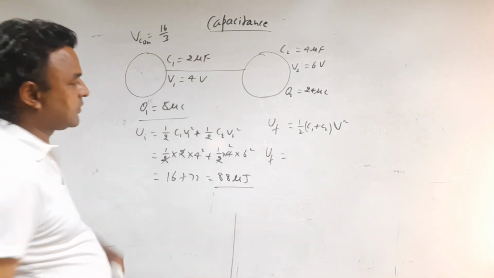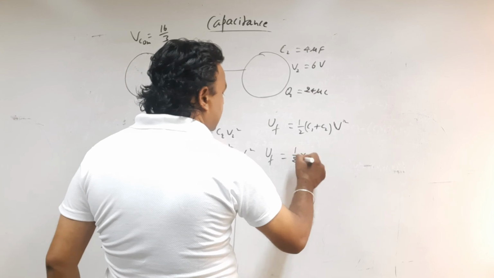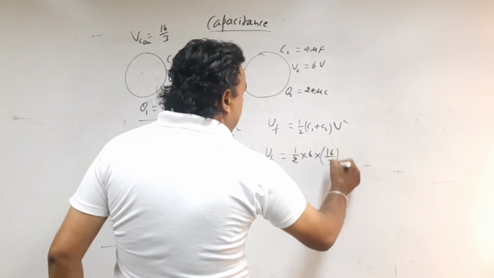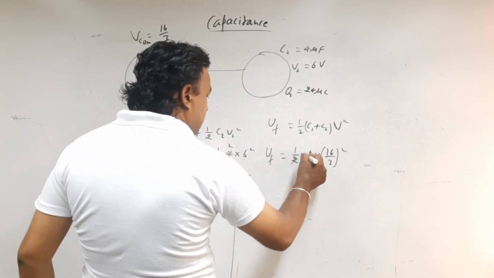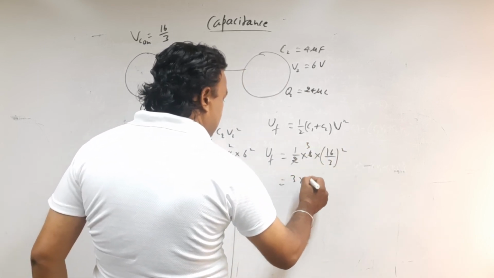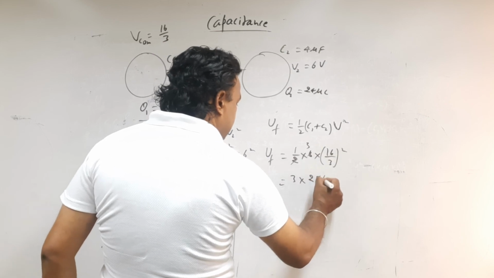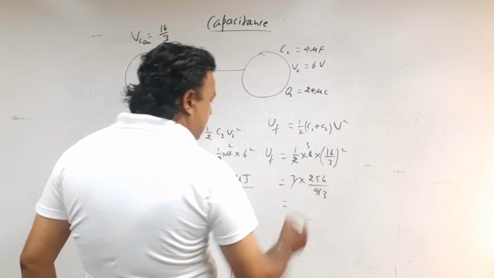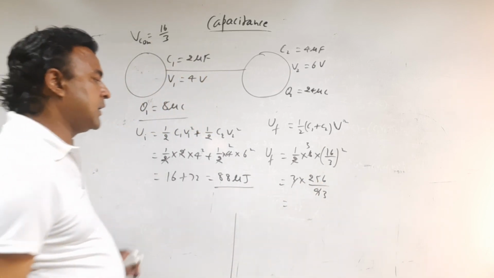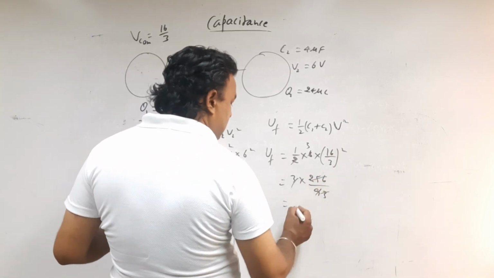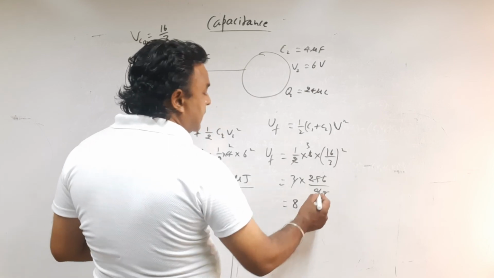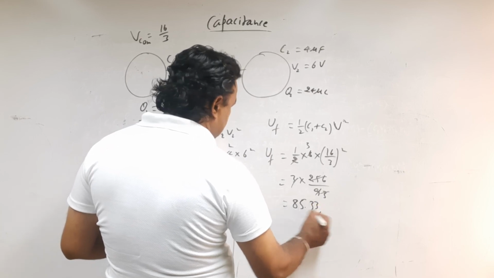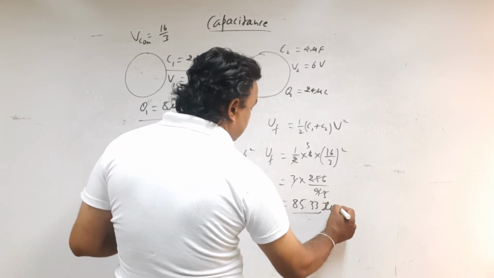C1 plus C2 is 6, 1 by 2 into 6, common potential is 16 by 3, 16 by 3 whole square. 3 into 256 by 9, it is approximately 85.33 microjoule.